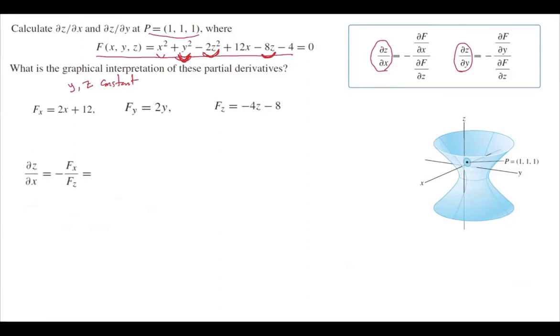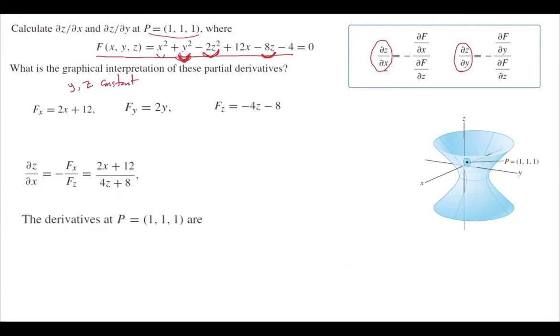Now, the partial derivative of z with respect to x, following the formula, is negative partial derivative of f with respect to x divided by partial derivative of f with respect to z, which is 2x plus 12, divided by, if I just distribute this negative sign, 4z plus 8.